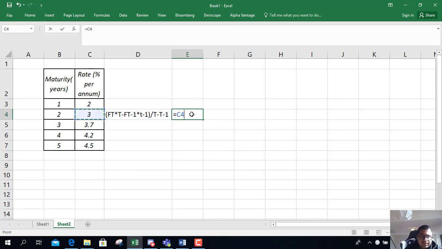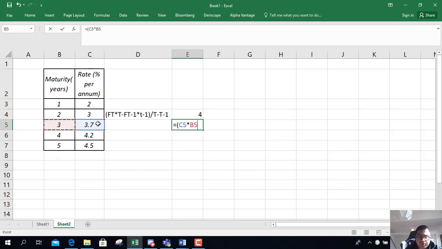It is 3%. So the zero rate in the second year multiplied by t, that is the second year, minus the zero rate in the previous year multiplied by 1, divided by 2 minus 1. Okay, so it is 4%. Next year it would be 3.7%, which is the zero rate in year 3.